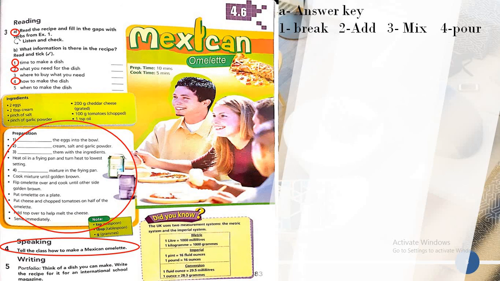Then you are writing it for what? You are going to write it for an international school magazine. So please, dear students, I hope you are doing the exercise. You can exchange your recipes with your friends in the classroom.